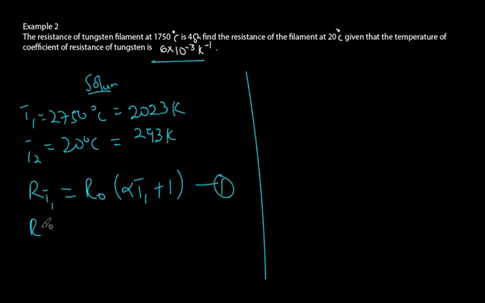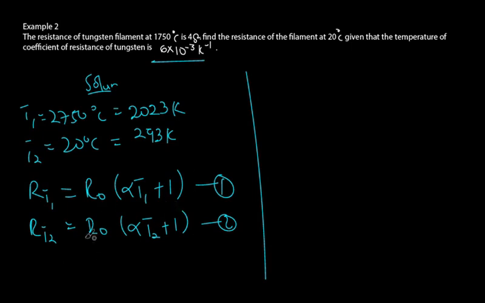Now the RT2, at 20 degrees Celsius, will also be equal to R naught into bracket alpha T2 plus 1. So equation number 2. The only difference between these two equations is that their resistances are different and their temperatures are different, but the temperature coefficient of resistance is the same, and we still have 1 over here.